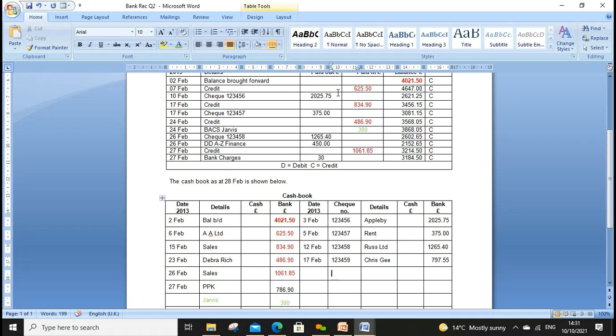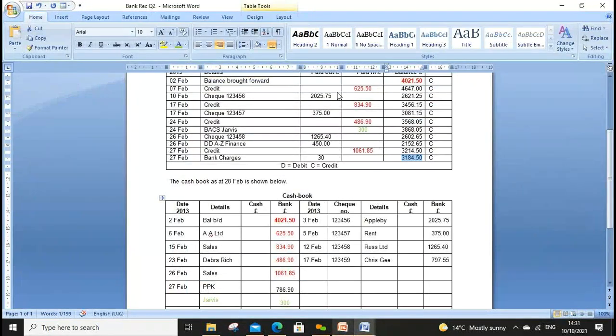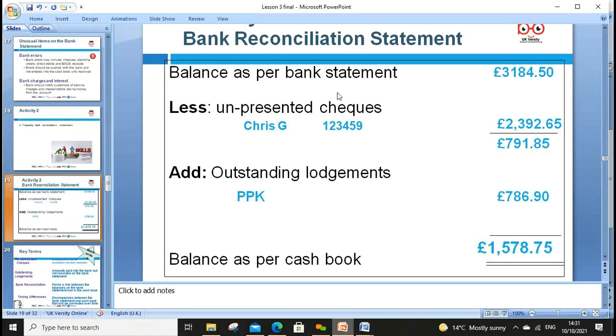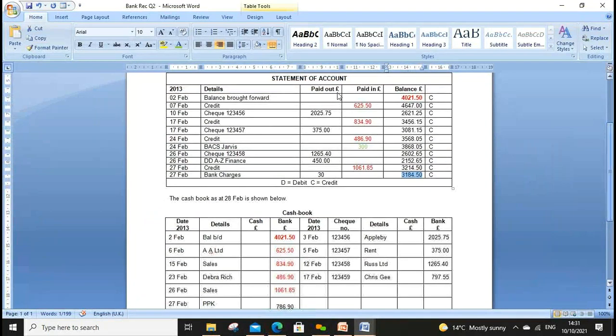Next, we can do cash book reconciliation with the bank, and bank with the cash book. If you just want to do the cash book bank reconciliation, you simply start with 3184, and then look at the things you have in the cash book. In the cash book we have 786.90, that's the outstanding lodgement, so we add it in.